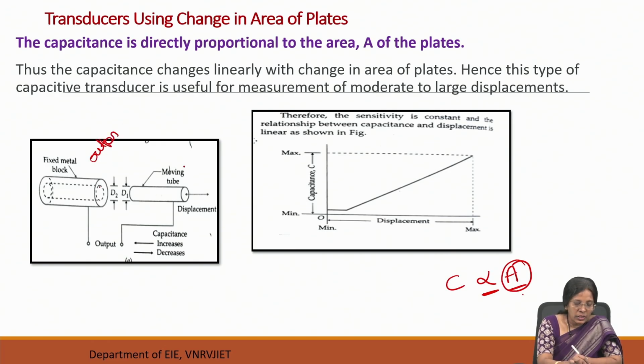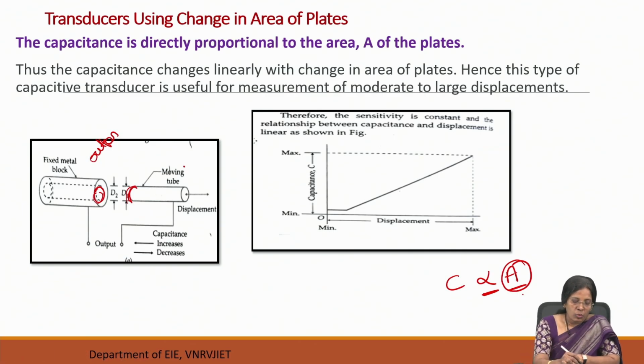The outer cylinder has a diameter D2, the inner diameter of the outer cylinder, and the inner cylinder is a movable cylinder with a diameter D1, the outer diameter of the inner cylinder.